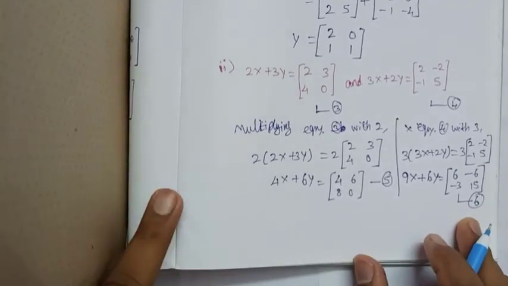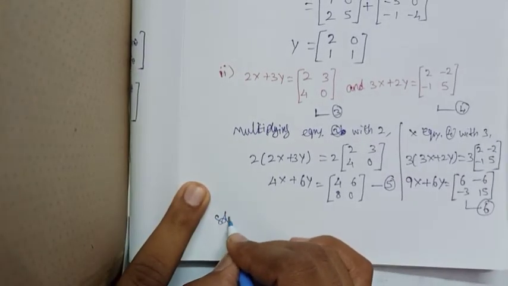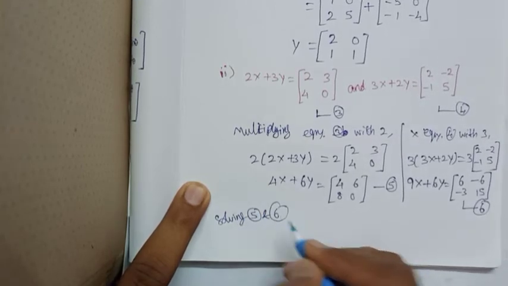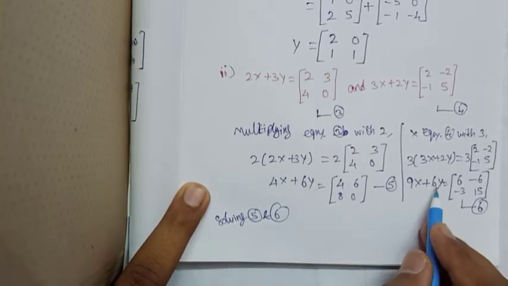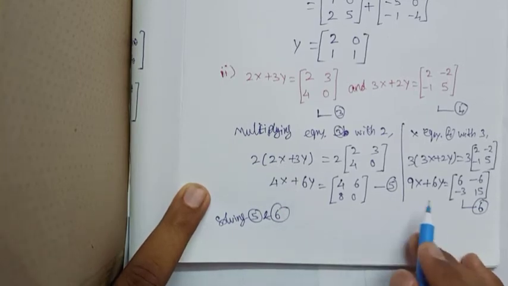Now solving equations 5 and 6. We see that the coefficients are the same, but the sign is also the same, so we subtract equation 6 from equation 5.